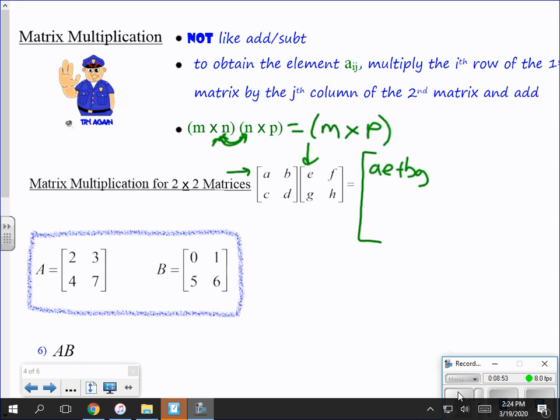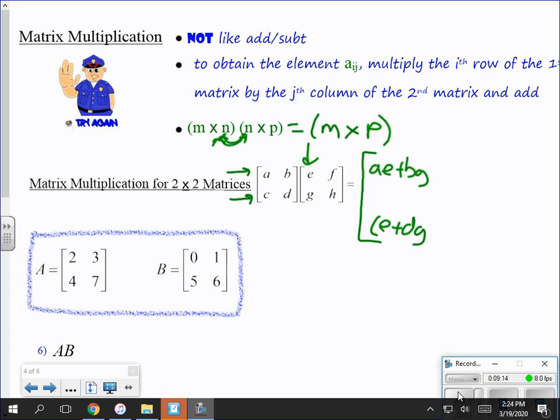And then to get the next one down here, first column, second row, I take the second row, first column. I do C and D times E and G, so I get CE plus DG. That's how I get that one there.